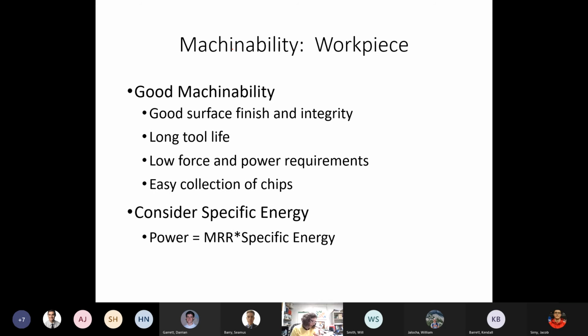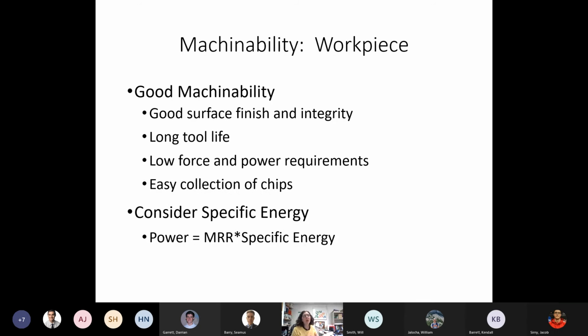A material that has good machinability is going to easily give us a good surface finish and surface integrity, so it's not likely to be easily damaged. It's going to allow a long tool life, have low force and power, and have an easy collection of chips.